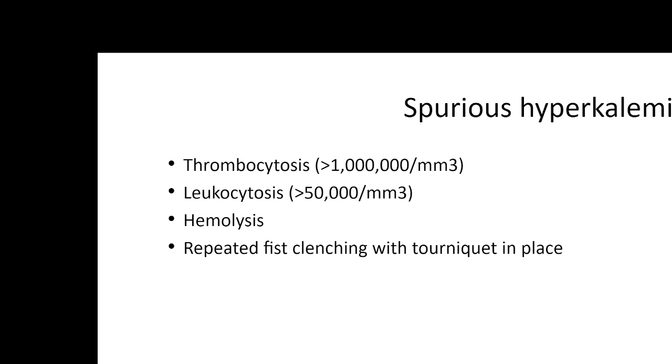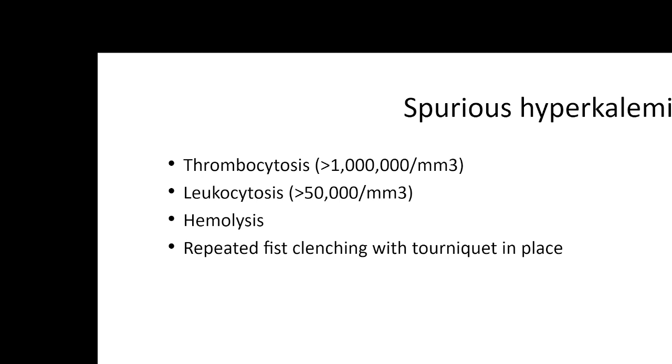A spurious hyperkalemia can occur when the patients have severe thrombocytosis or leukocytosis due to any other conditions. Patients who have any infective pathology, or maybe in cases of leukemias where the total cell count may be higher, there could be hyperkalemia. That's considered spurious hyperkalemia because the total blood cell count is increased. Or it also can occur in patients who have hemolysis.